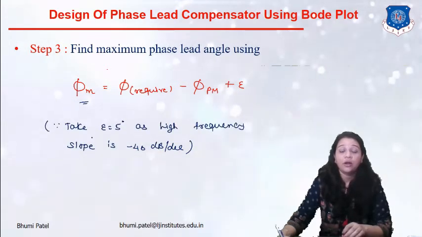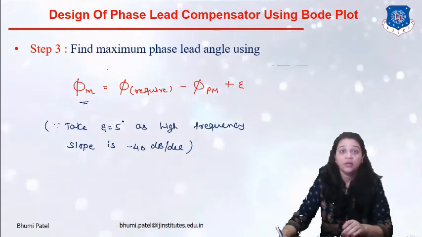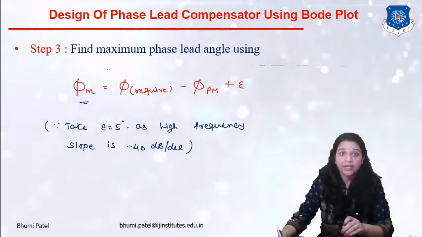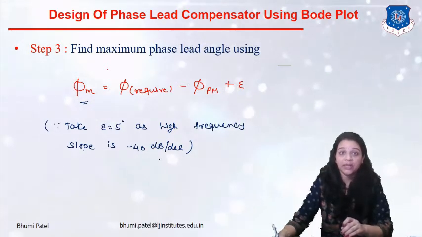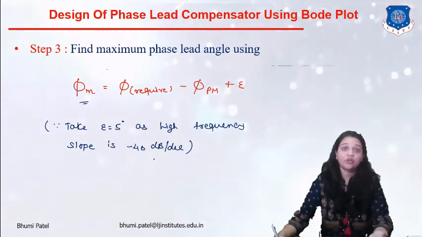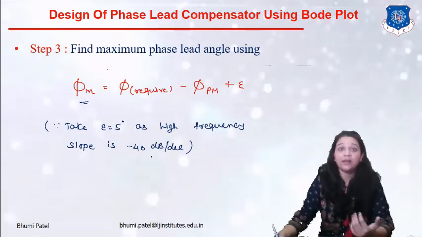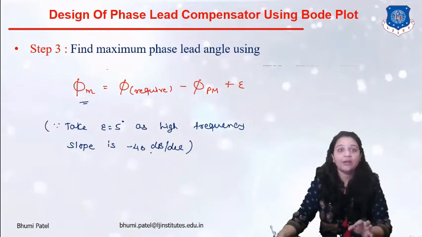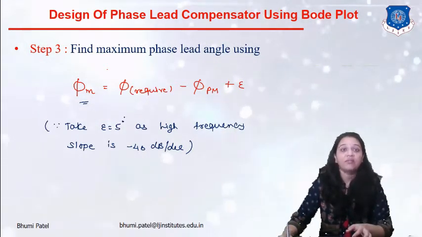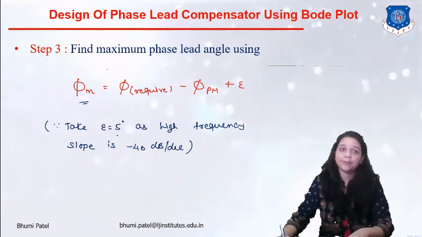Always take epsilon as 5 degrees, as the high frequency slope is minus 40 dB per decade. Using the transfer function, we have to identify the maximum frequency slope for the particular transfer function, and after that decide the value of epsilon.